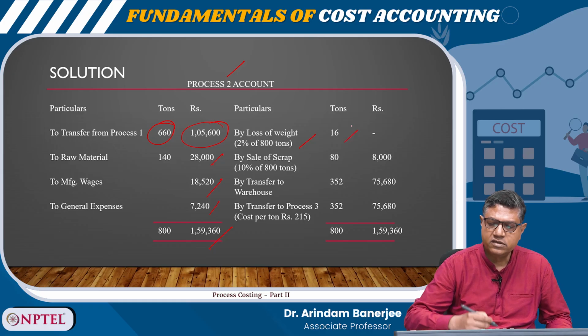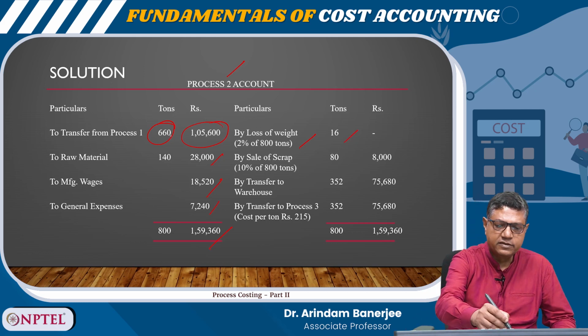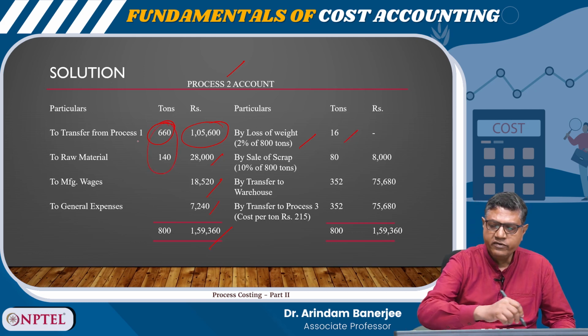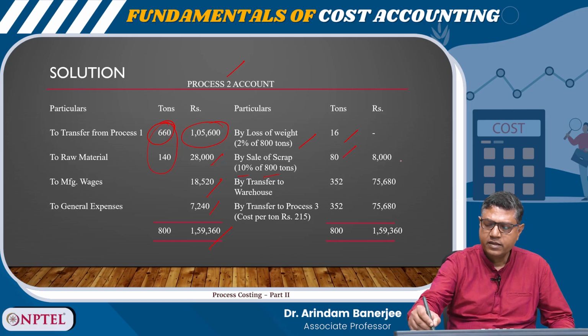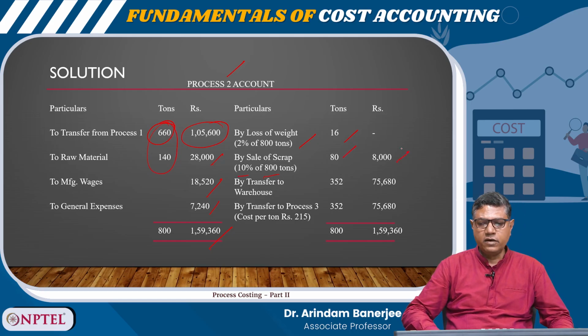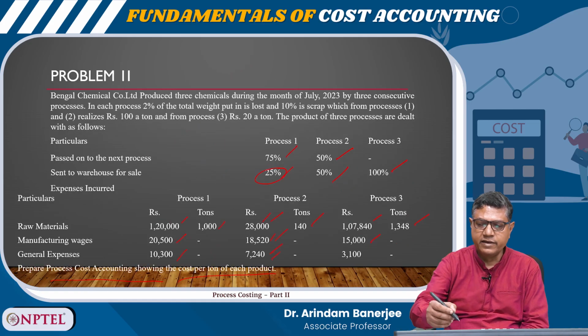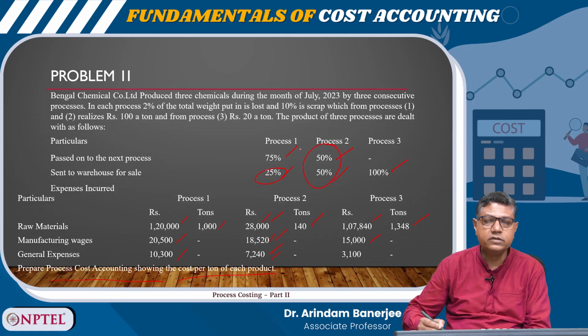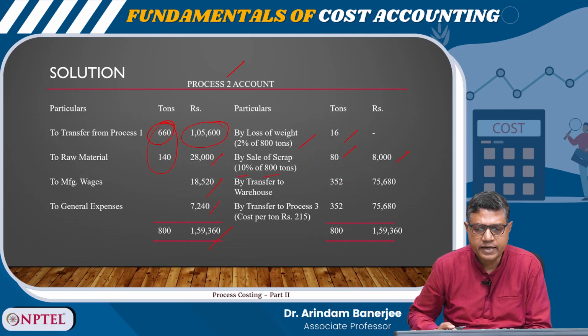So 16 tons lost, and 10% of 800 tons, that is 660 plus 140, if you add these two you will get 800, right? Out of 800, 10% is sold as scrap, so 80 tons, the value is 8,000. Transferred to warehouse is 50% and 50% is moving to the next process.